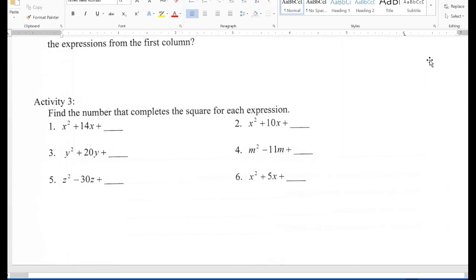Okay, so then there's a couple more to practice with. Find the number that completes it. What I'd also like you to do is also write the factored version. This is not the end of completing the square, but this gives you a good foundation in order to be able to do it algebraically. So finish this activity before you move on.